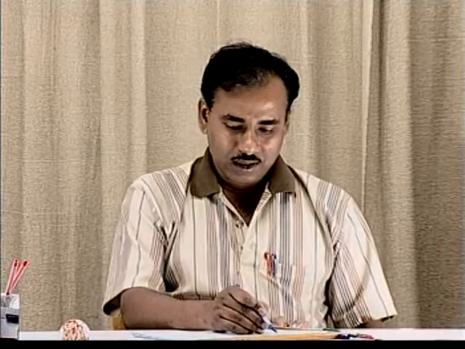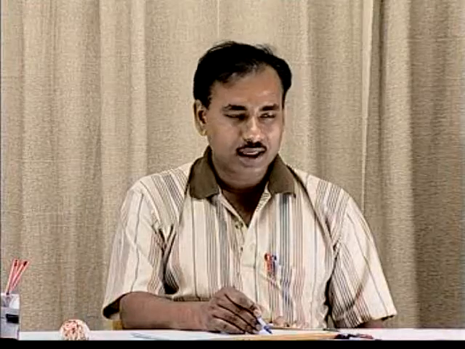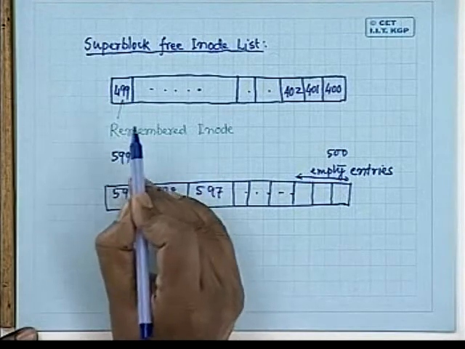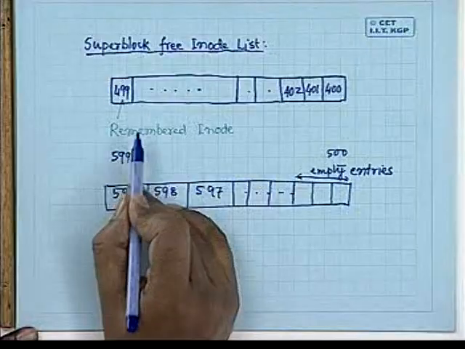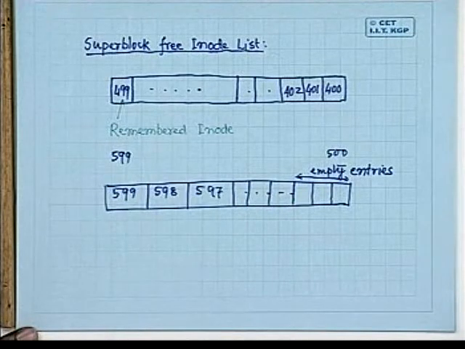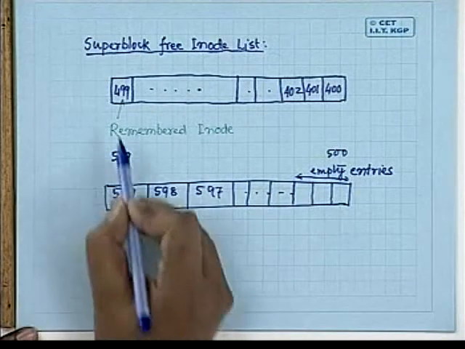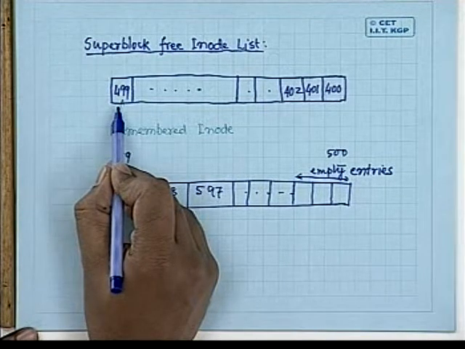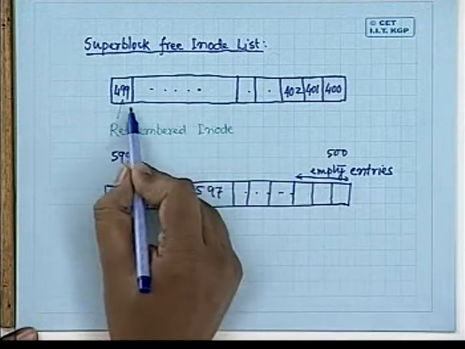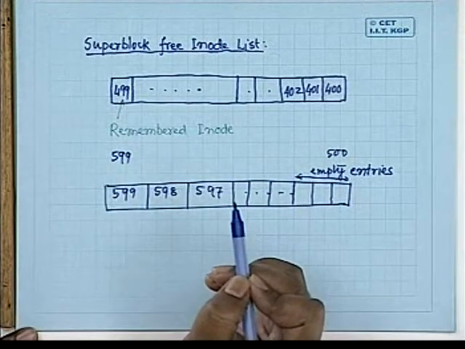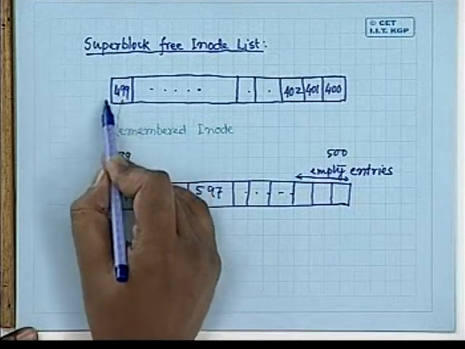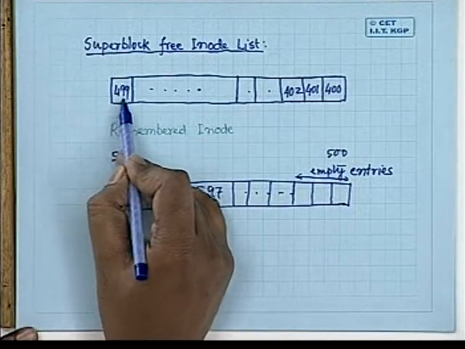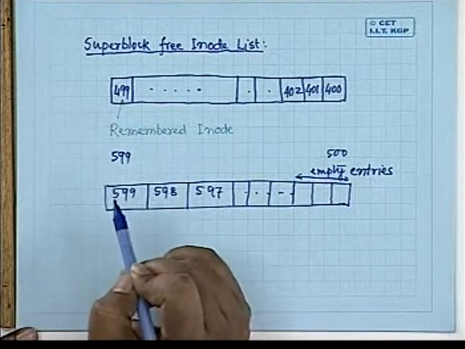Because the number of that inode is more than the remembered inode number, the next time a search for unallocated inodes is done, you will be able to access that particular inode. The search will always start from the number 499. Suppose the inode which is becoming free is 512. 512 cannot be placed in the remembered inode place, because in that case 499 will be lost.